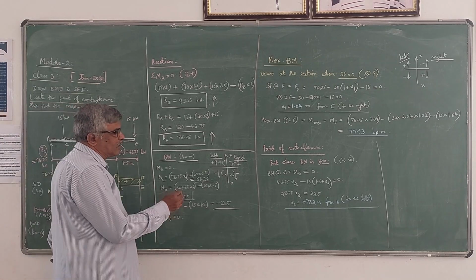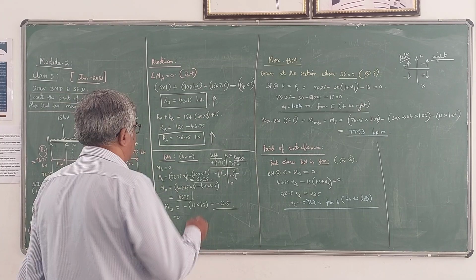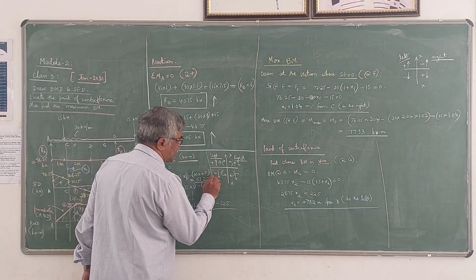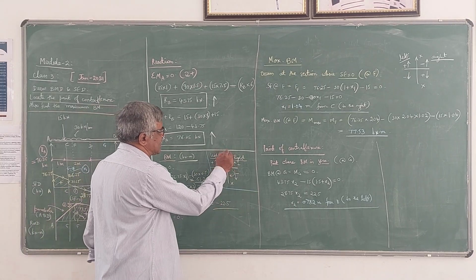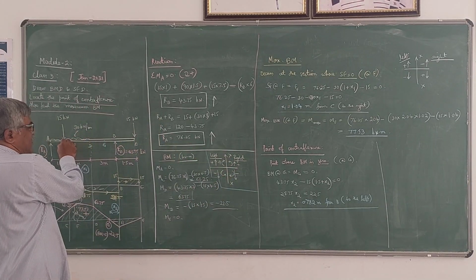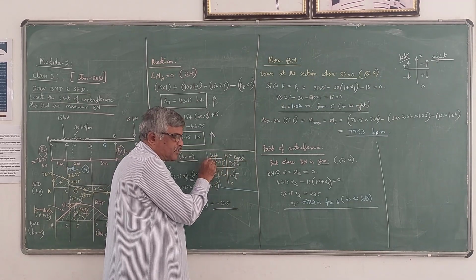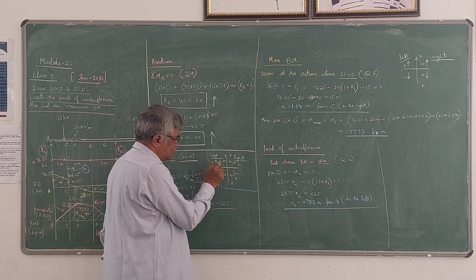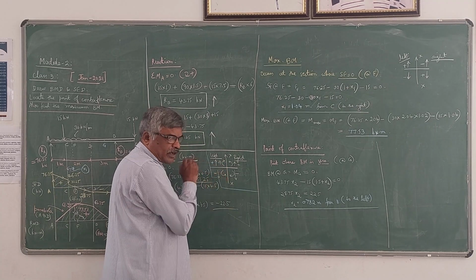Remember that for calculating bending moment, the sign convention is this. In the last class I explained this. Suppose the section is XX, any point on the beam. If you see the left side of the section, upward forces cause positive bending moment and downward forces cause negative bending moment.